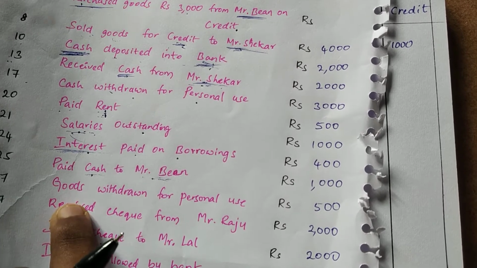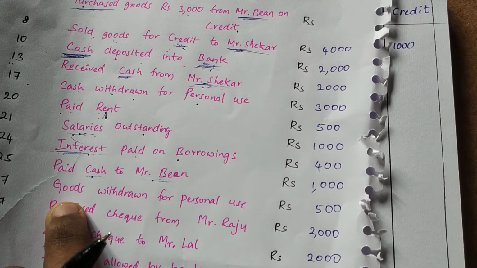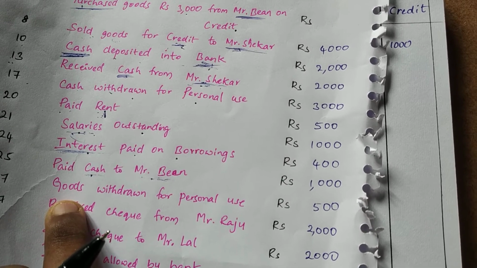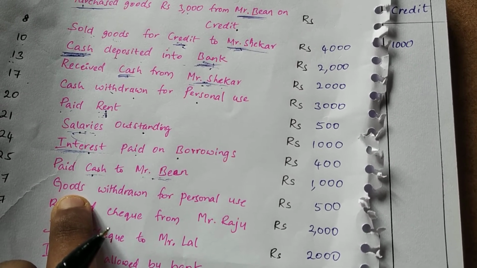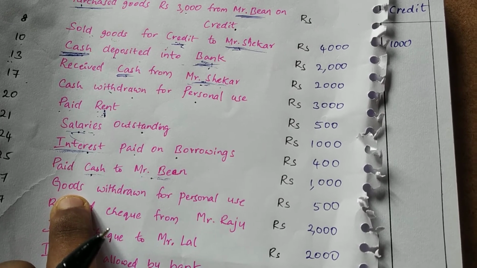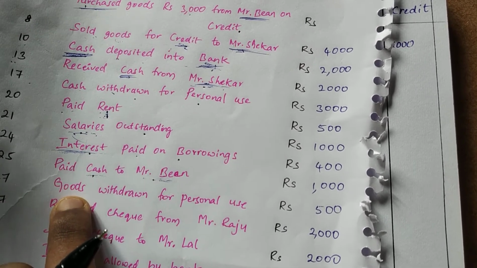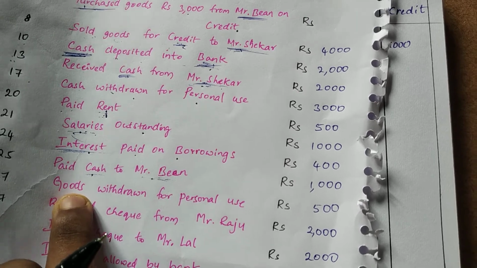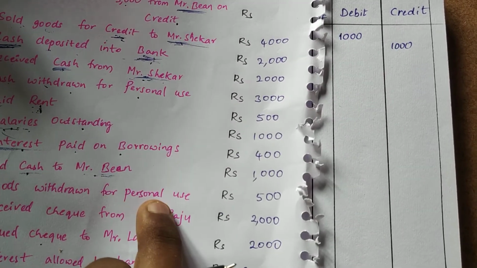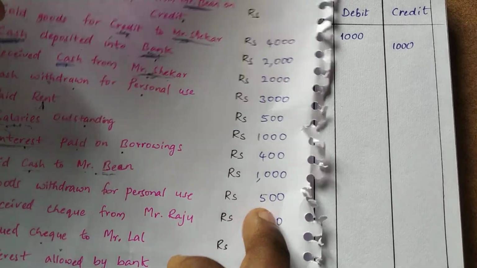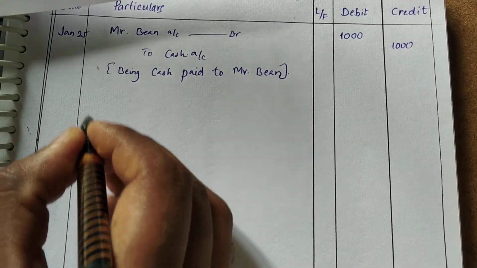But as we said earlier, we are not supposed to use the term goods in any kind of transaction, so we put it in the form of the purchases account. So goods withdrawn for personal use, rupees 500, goes into drawings.